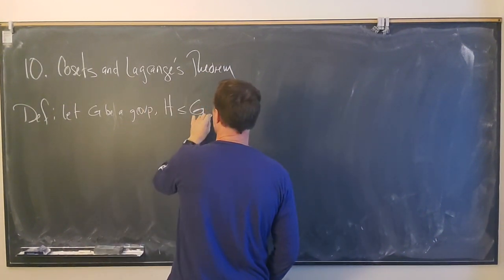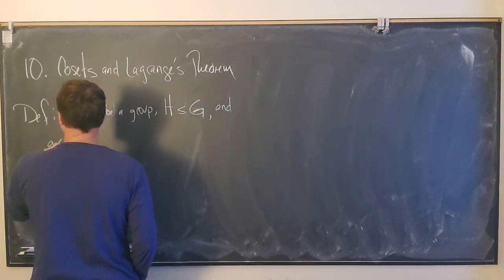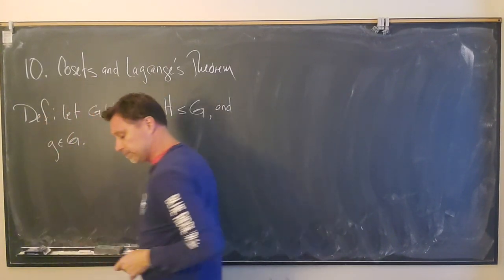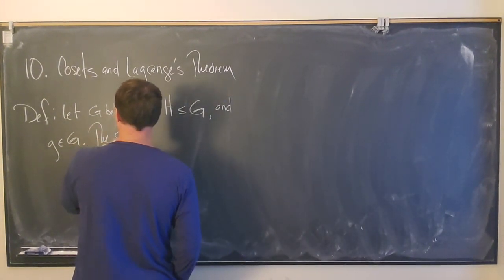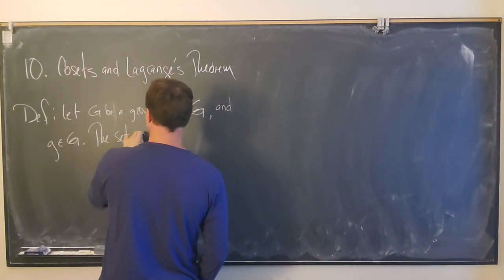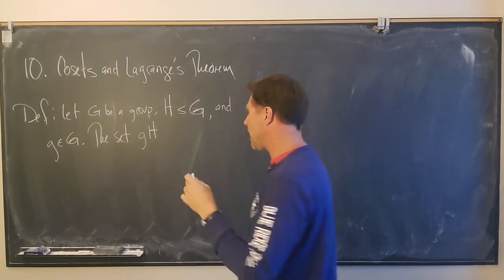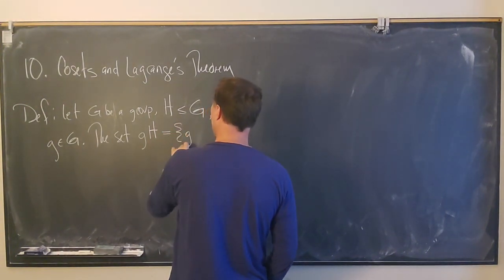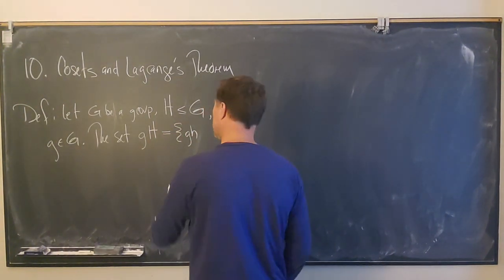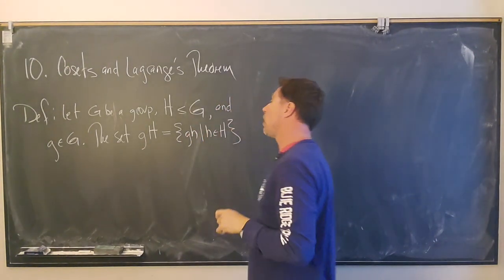So let's take an element, little g in capital G. Now the set, which we write as little g times H, by definition is the set of all elements of the form little g times little h, where little h runs through all of capital H.